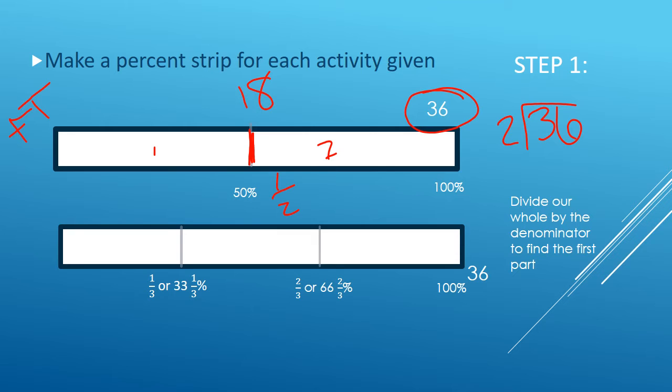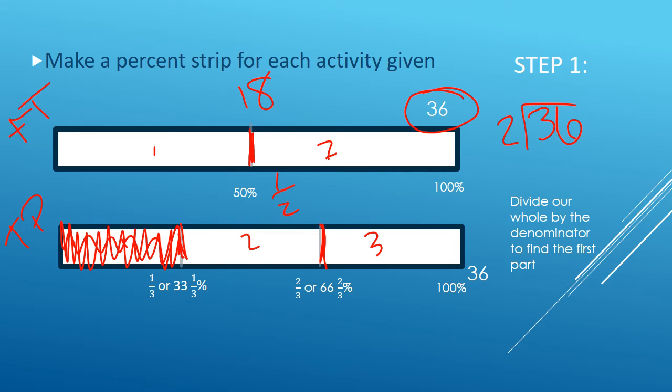Okay, so now let's go to three-pointers. He spent 1/3 of his time practicing three-pointers. So pay attention to the denominator. That'll tell you how many parts you need. So notice that I cut my strip into thirds. So I have 1, 2, 3 parts. So he spent 1/3, so I'm going to go ahead and shade in that first part.